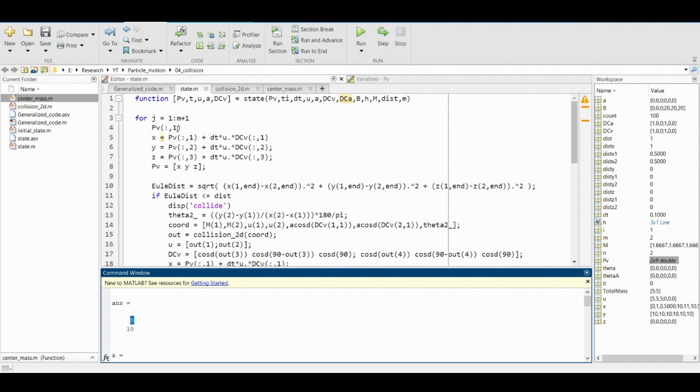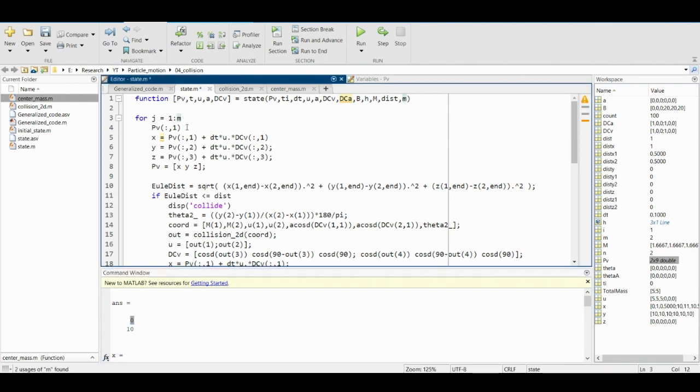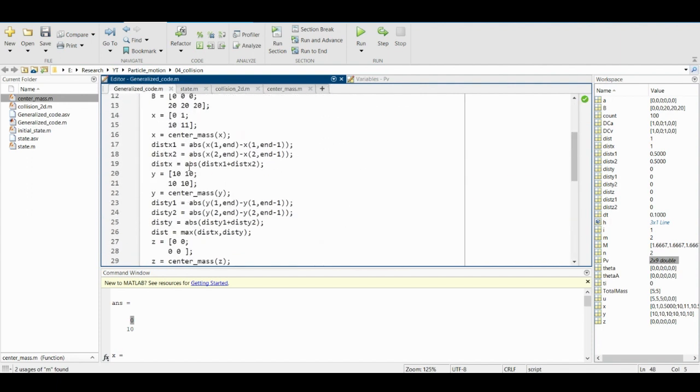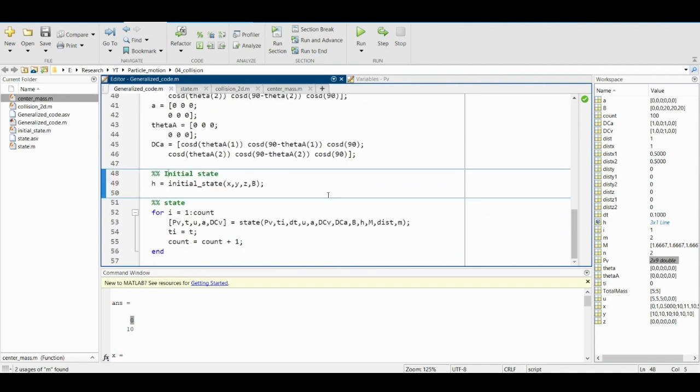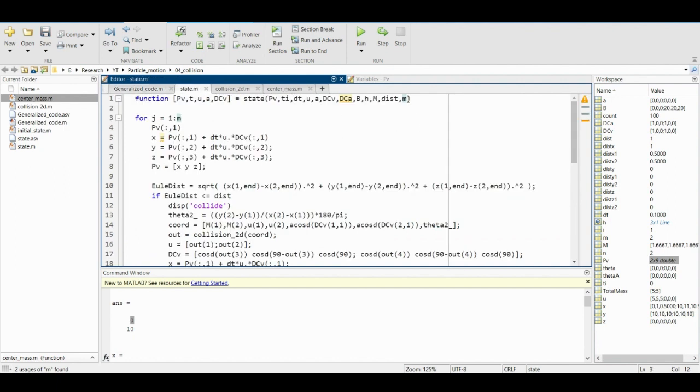It should be, it's 3, 2. I think 2 times only. There are two particles, not two particles, n times only. Wait a second. Let me give another input as n is equal to m comma n, m comma n. Okay, two particles are there, so 1, 2 times only.